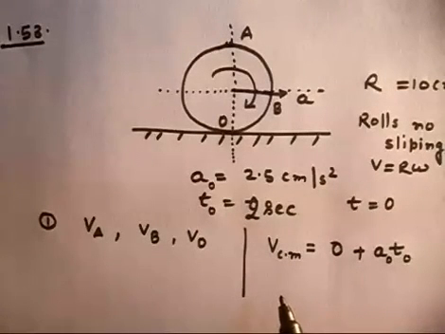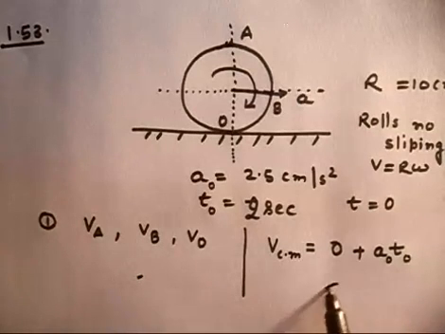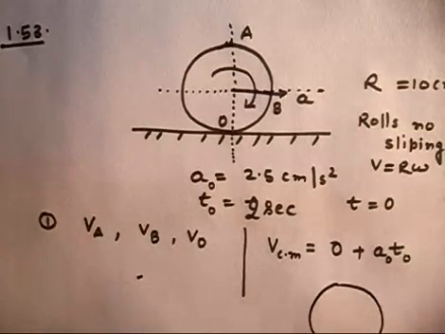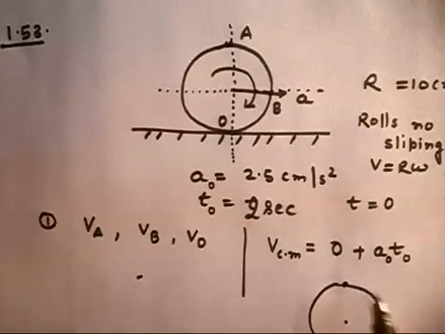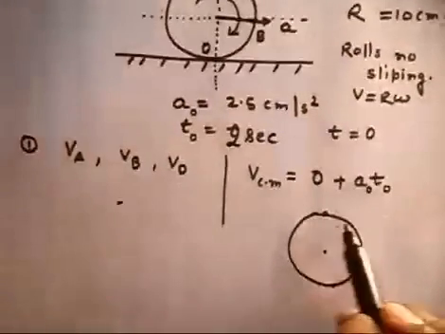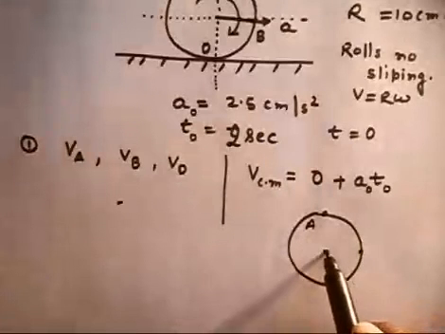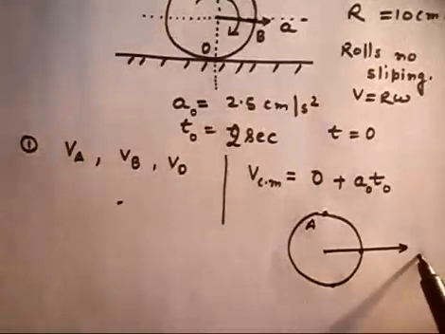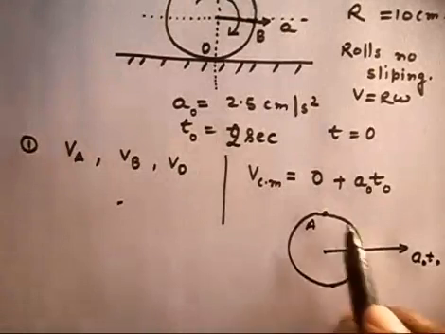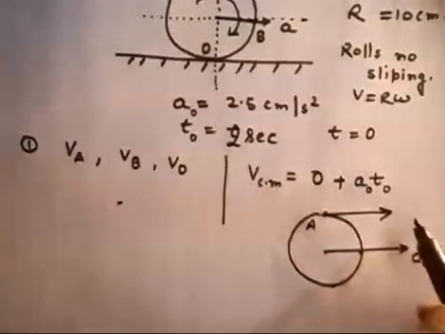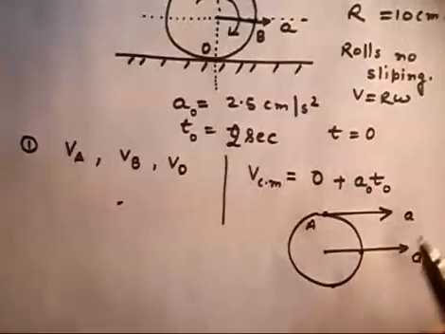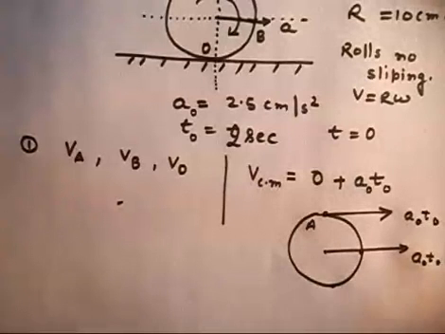Now let us treat the velocity. First let us discuss point A. At this point, center of mass has a velocity a naught t naught. So this point will also have a velocity a naught t naught, because the center of mass is moving.